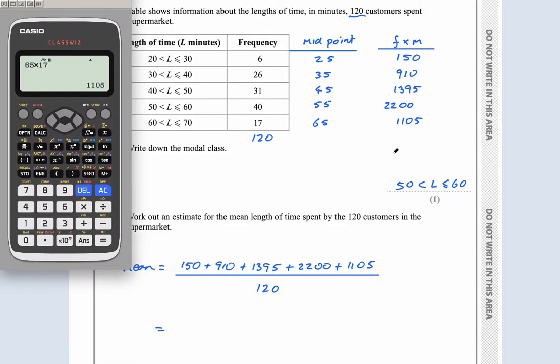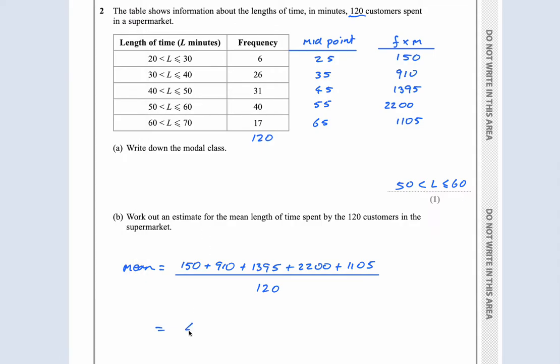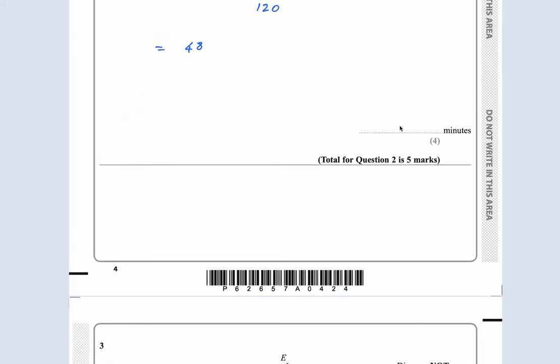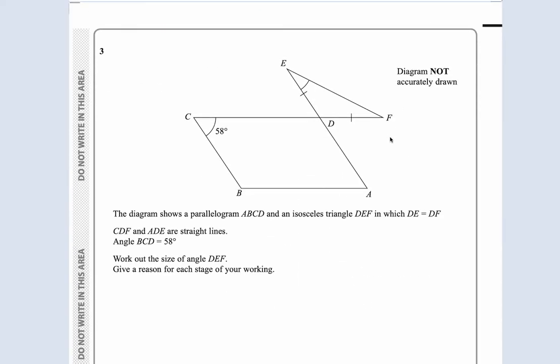So I will just do 150 plus 910 plus 1395 plus 2200 plus 1105, all over 120, and I get 48 exactly, which is the right answer. Okay, 48 minutes. 4 marks. I think everyone can get those 4 marks.